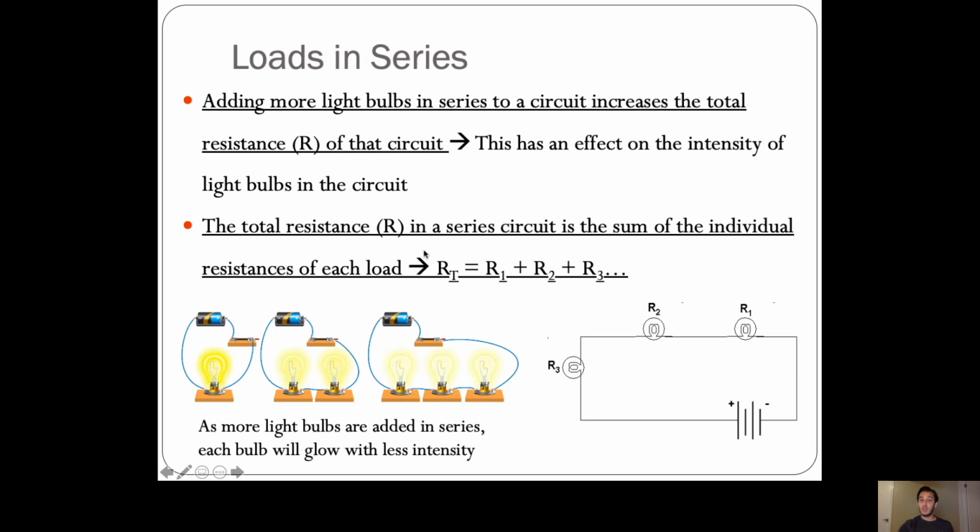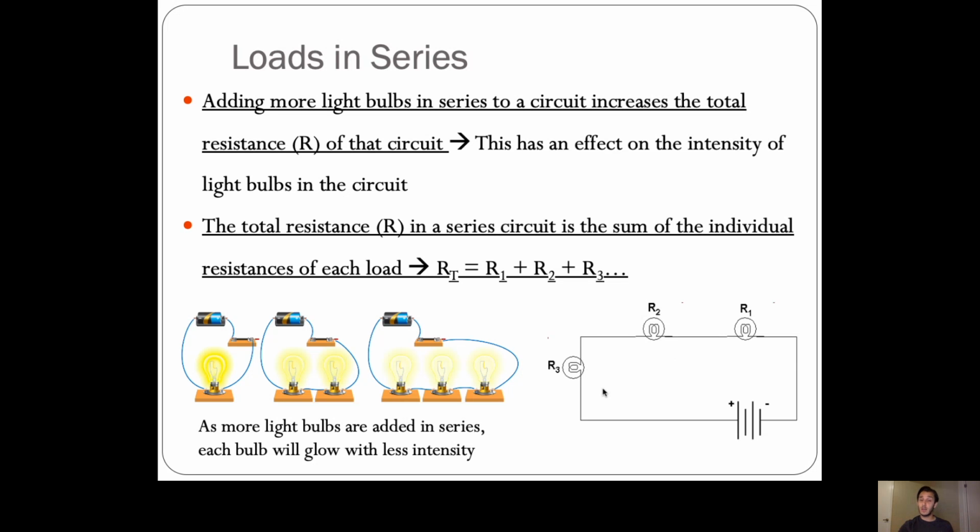Okay. So that's why we say the R total, the total resistance of the circuit, is equal to the sum of the resistances of all the loads. Okay. Now, that doesn't mean that the resistance in each load has to be the same, but it means they will add up to give you the total resistance.